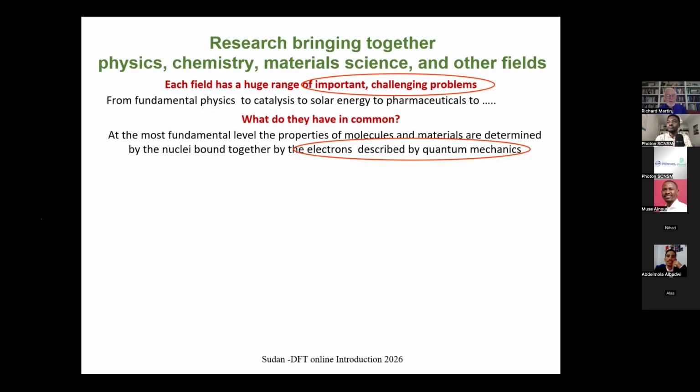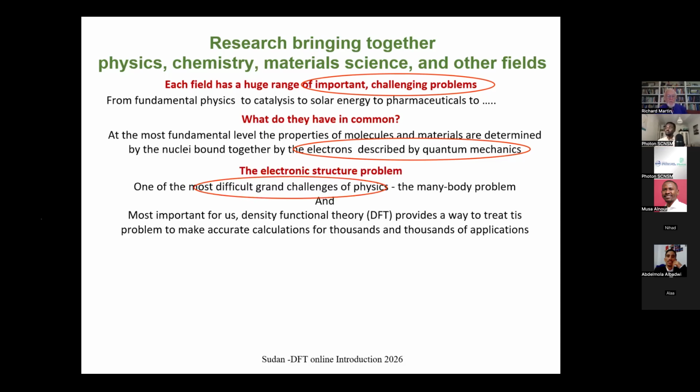But if we want one thing that's in common for all these problems, it is quantum mechanics. The fundamental theory of all these materials is the theory of nuclei, which make the structures of the materials, together with the electrons that bind the nuclei together, and that's a quantum mechanical problem.